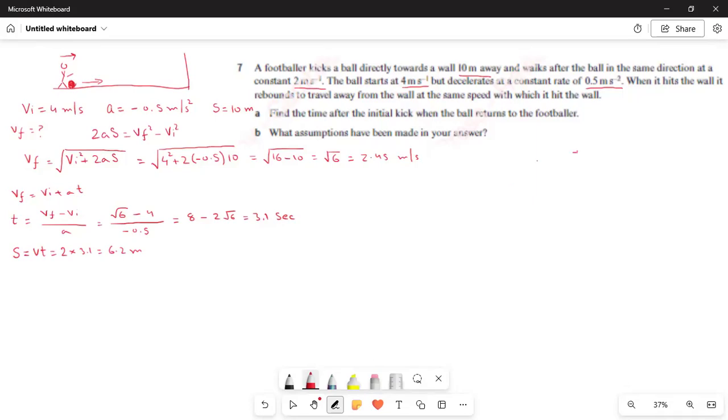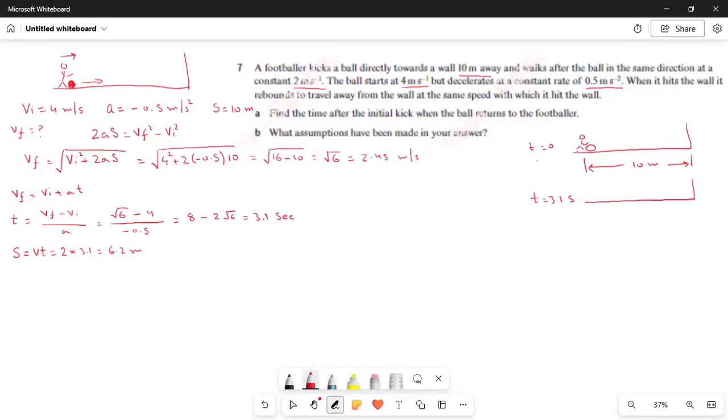Okay, so imagine the situation. We have this ground and the wall, and the player. So this is the scenario when t is equal to 0, and the distance between these two is 10 meter. Now at 3.1 seconds, what is the scenario now?